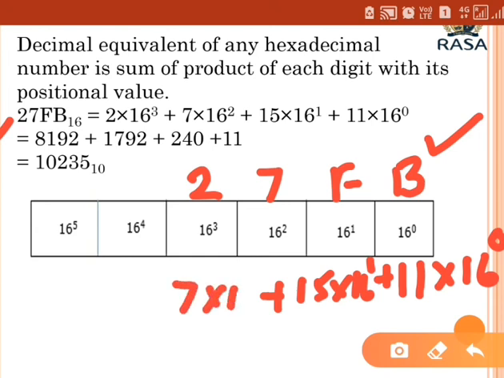So 7 into 16 to the power 2 and 2 into 16 to the power 3.